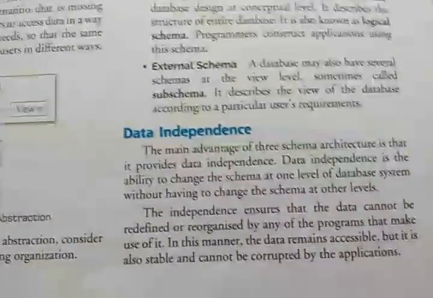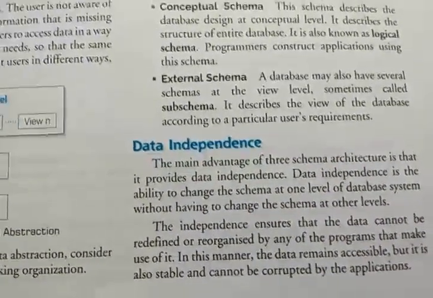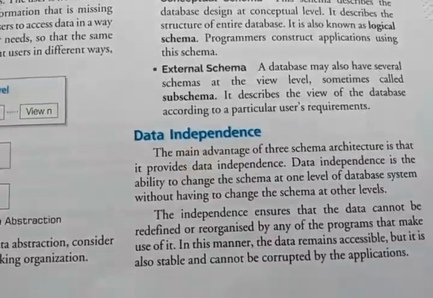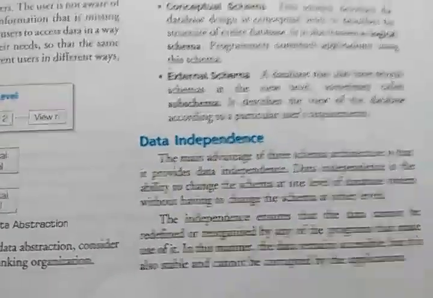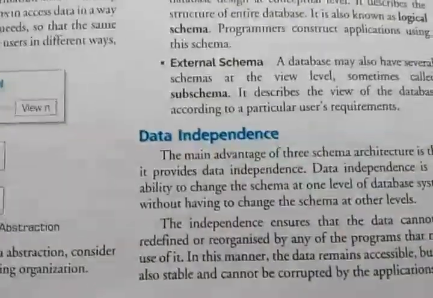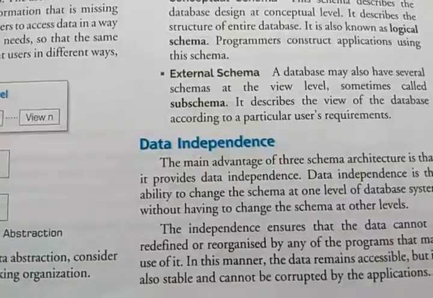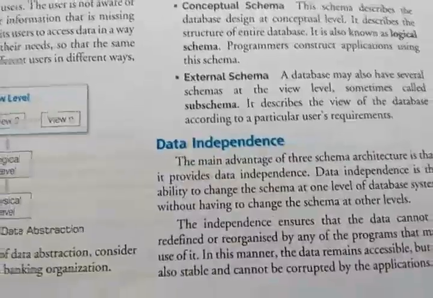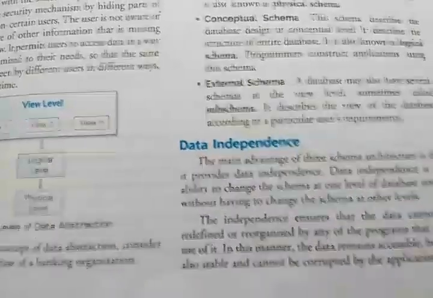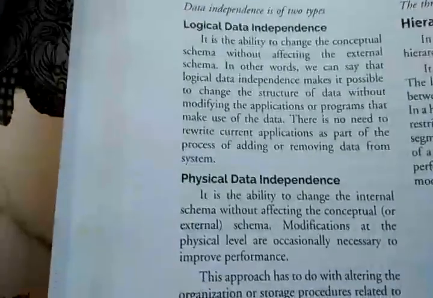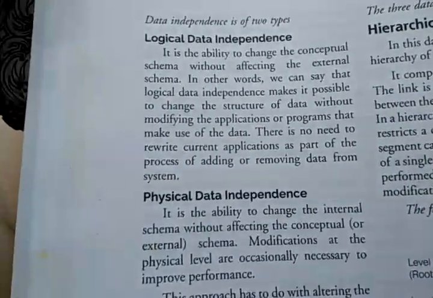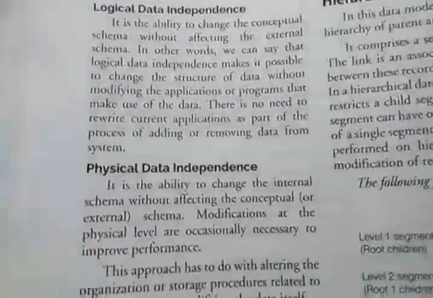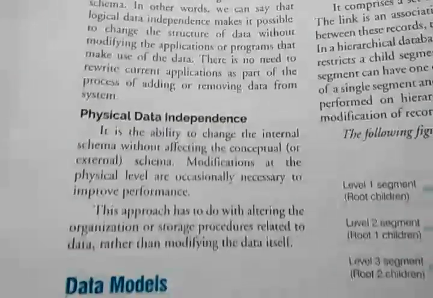Suppose we change the database at the physical level, the effect should not be on the conceptual level. If we change at the conceptual level, the effect should not be on the view or external level. There are two types of database independence: first is physical independence and second is logical independence.